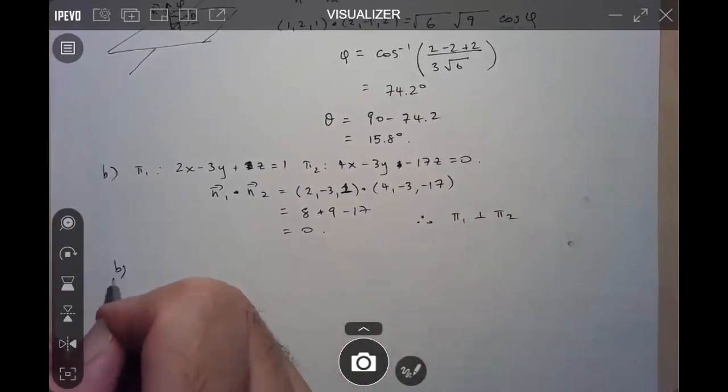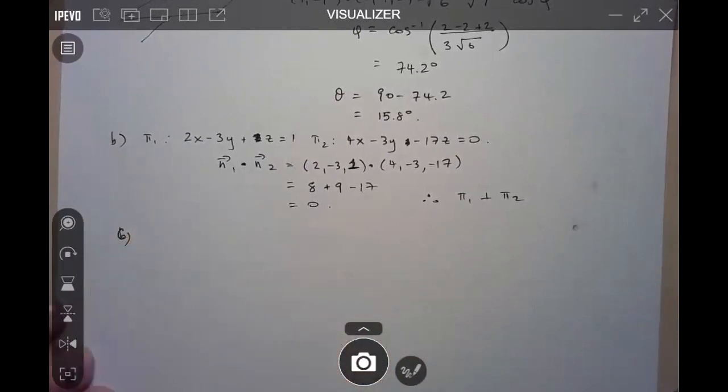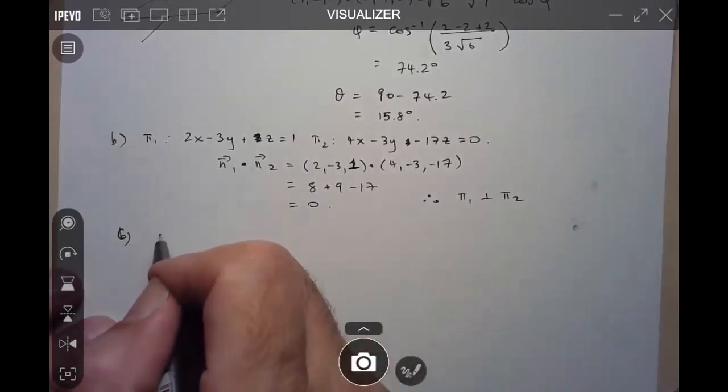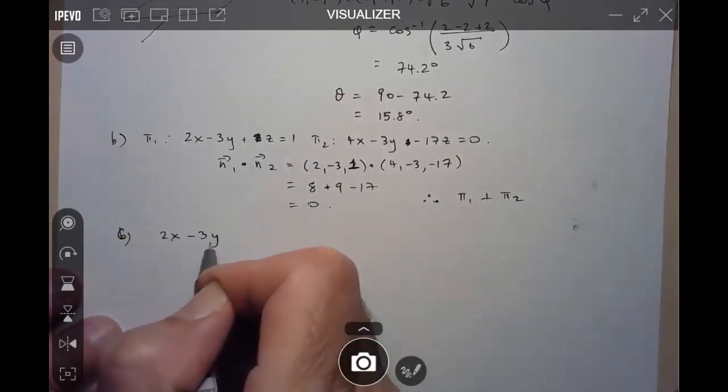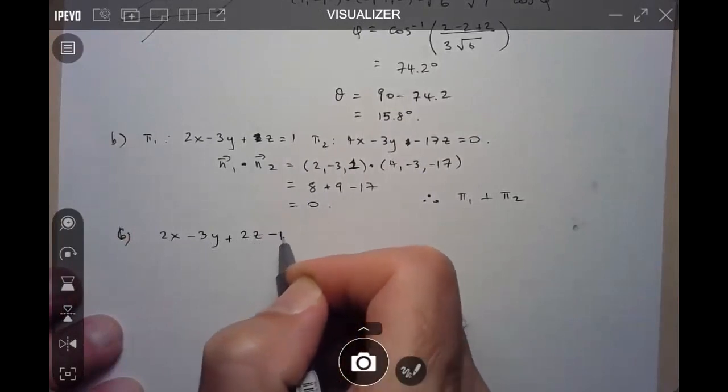Okay, let's take a look at, oh, sorry, C. We did B already. So C here, show that the planes are parallel and not coincident. That should be pretty easy because we've got 2x minus 3y plus 2z minus 1 equals 0.